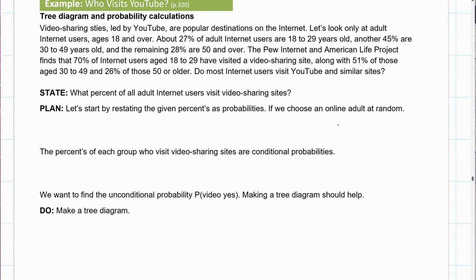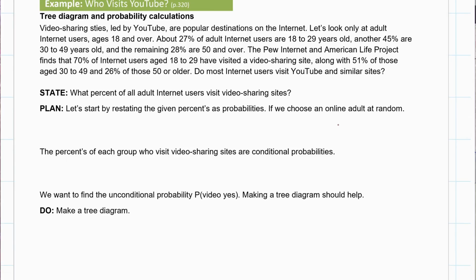Let's take a look at some more diagrams. Video sharing sites led by YouTube are popular destinations on the internet. Let's look at adult internet users 18 and over. About 27% of the internet users are 18 to 29s.